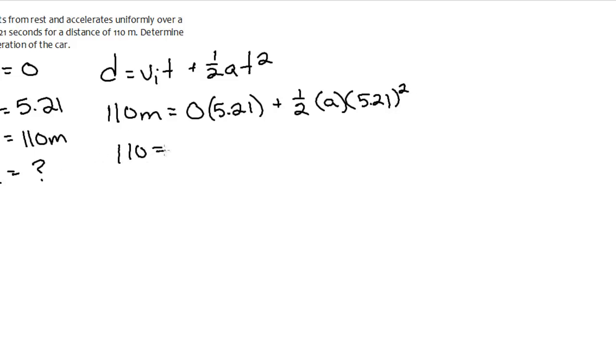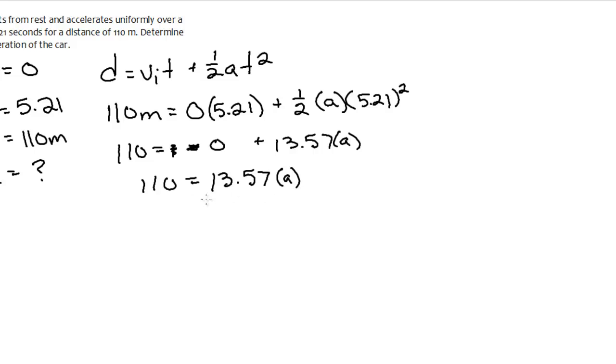So we're going to get 110 meters equals, all right, 0 plus, now we're going to do 5.21 squared and then multiply it by half, and that should give us 13.57 times A. So I'm just going to get 110 is equal to 13.57 A. Now I need to get A by itself, so I'm going to divide each side by 13.57.